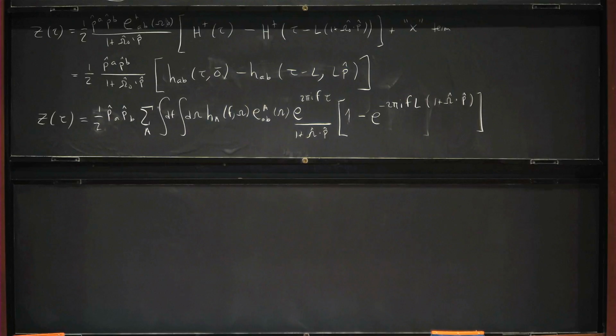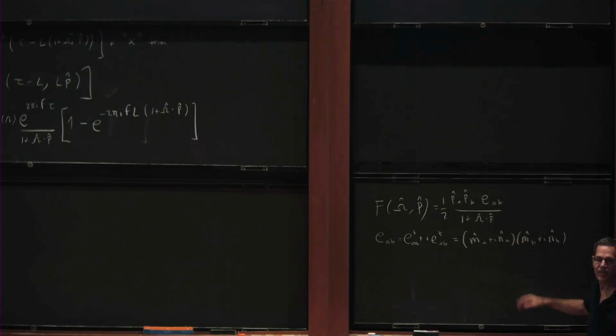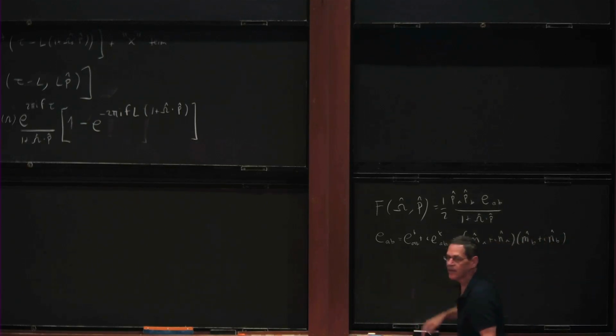You can tell by inspection. The real part of this is just m̂_A m̂_B minus n̂_A n̂_B. That's E plus. And the imaginary part is just m̂_A n̂_B plus the other term. So it's obvious from inspection that this form is E.